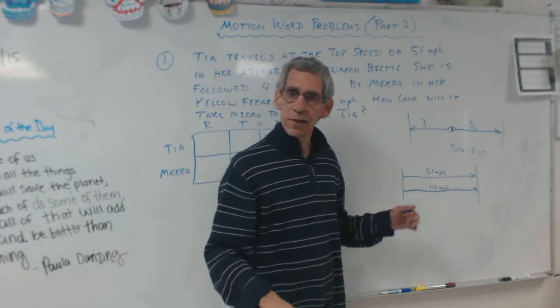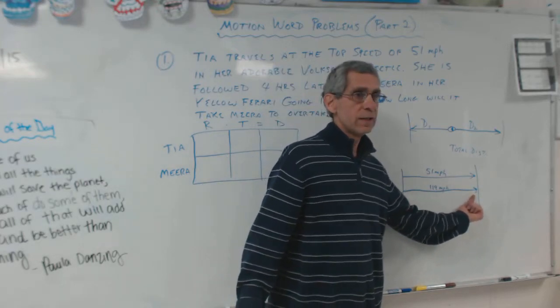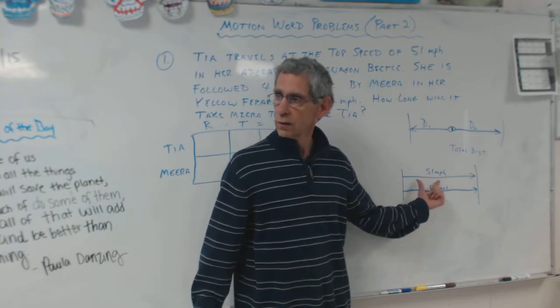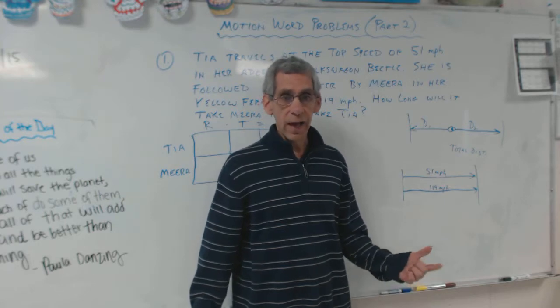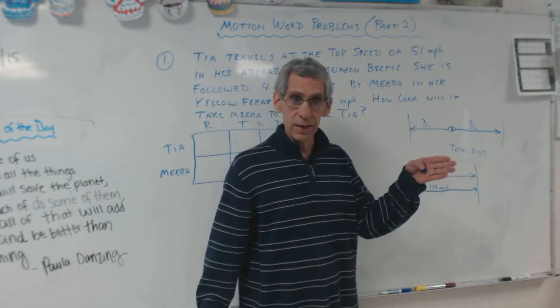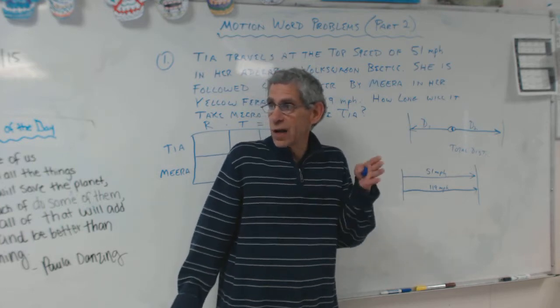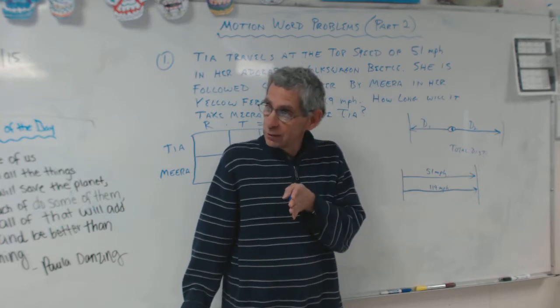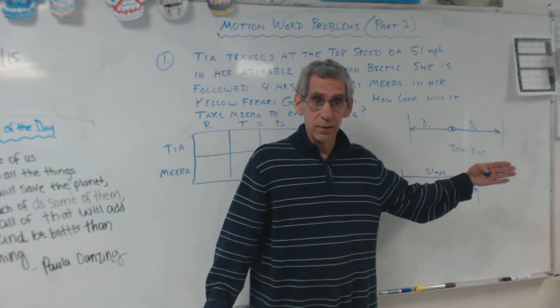But what do we know though? By the time Mira overtakes Tia, how do the two distances relate to each other? Does that make sense? They actually both drove exactly the same distance. Because even though they left at different times, and one went faster, they started from exactly the same place, and then they ended exactly the same place, right?